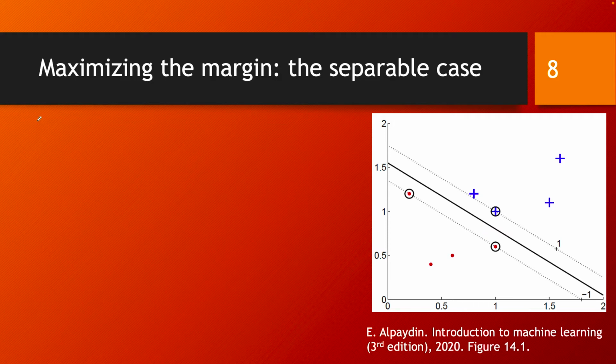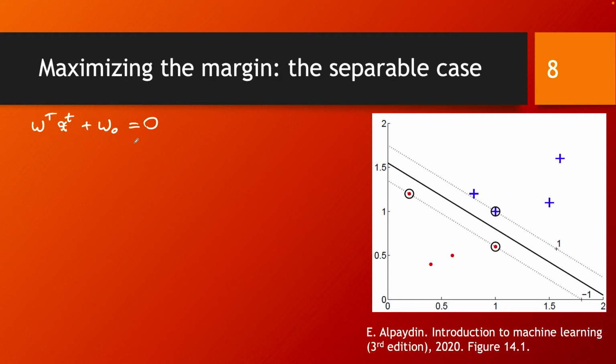So the equation of the hyperplane we are looking for is, as we commented already, W transposed times data point xt plus W0 is equal to 0. So that's the equation of the hyperplane.